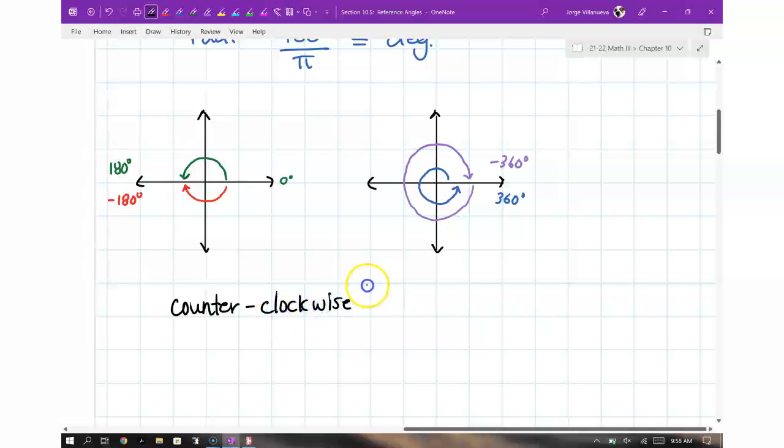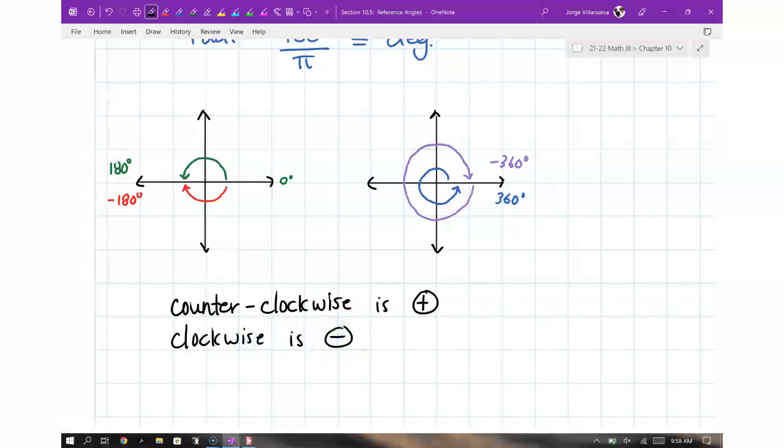Counterclockwise is positive. Clockwise is negative. So the way the clock moves, that's considered negative angles. If you try spinning it backwards, that's considered a positive angle. And that's pretty much all you need to know in order to do this stuff.